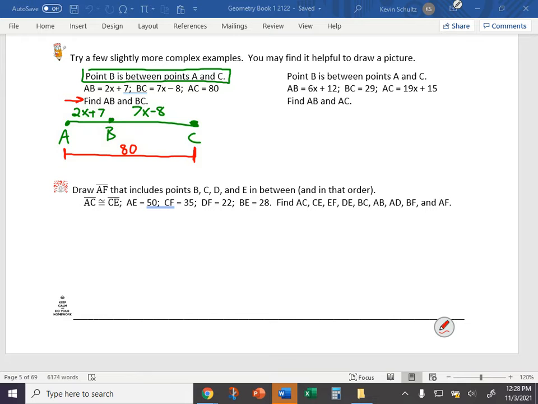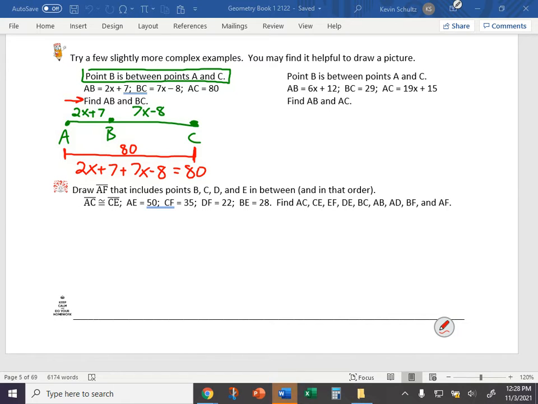Based on the segment addition postulate, we know that these two parts, 2x plus 7 plus 7x minus 8, has to equal the whole thing. And there's your algebra equation to solve.